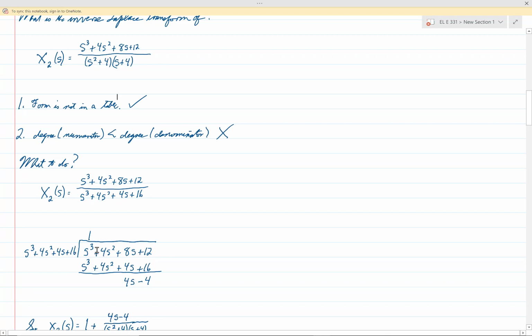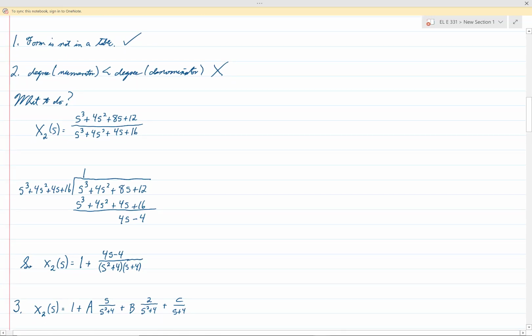We see that this leading term here is s cubed, and out here we have s cubed, so we put a 1 up here, and we multiply this by 1. So we get s cubed plus 4s squared plus 4s plus 16. Then, just as we usually do when we divide, we subtract this from this, and we're left with 4s minus 4.